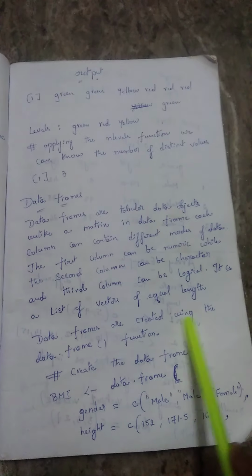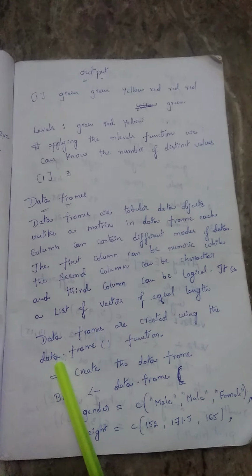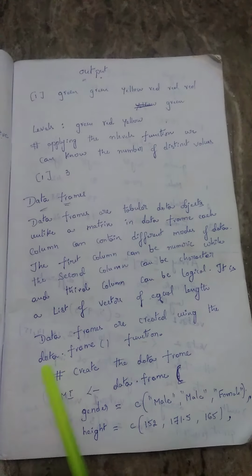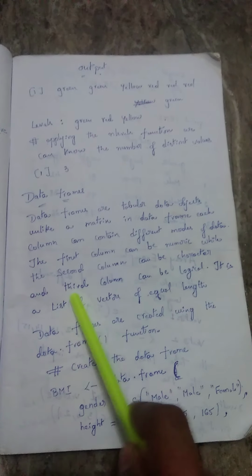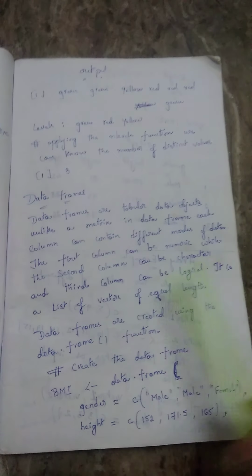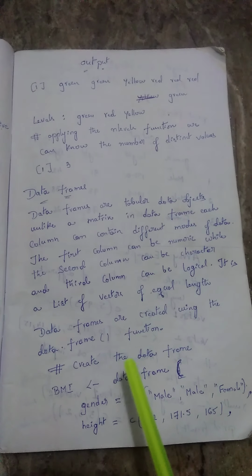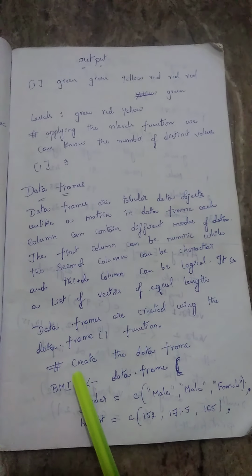Data frames are created using the data.frame function. The first column we can represent as numeric, the second as character, and the third as logical.